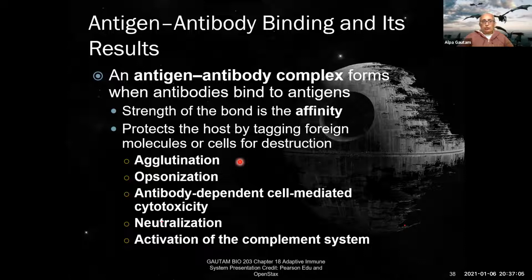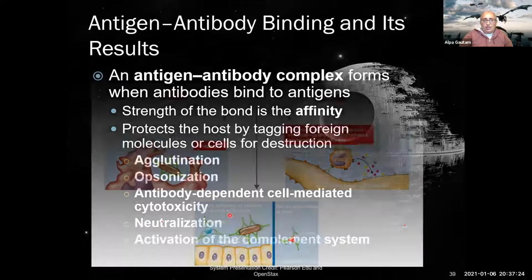So that's agglutination. Opsonization, we've already seen. This is where the antibody will bind to its specific antigen that's on a pathogen, and it coats it. So that's opsonization.